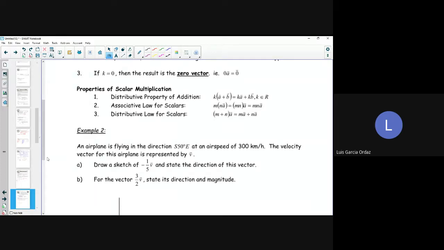M times n times vector a is the same thing as mn times vector a, or n times m times vector a. And last but not least is the distributive law for all scalars, which means that m plus n times vector a is the same thing as m times vector a plus n times vector a.